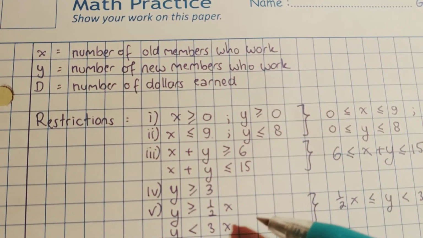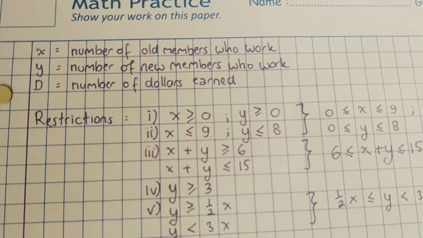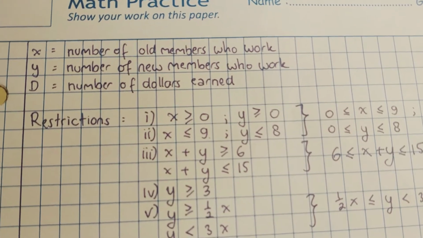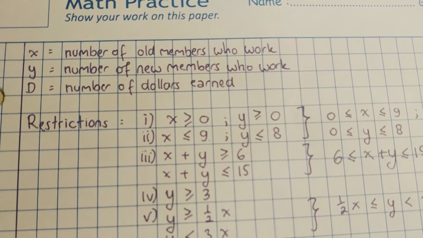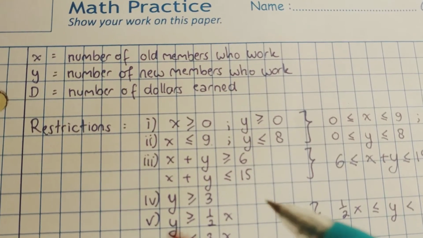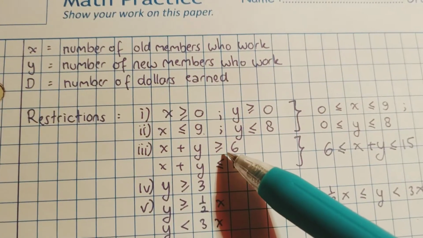The next one, the department will hire at least 6 students, but no more than 15 students. So the whole students, either old members or new members, at least means the minimum.